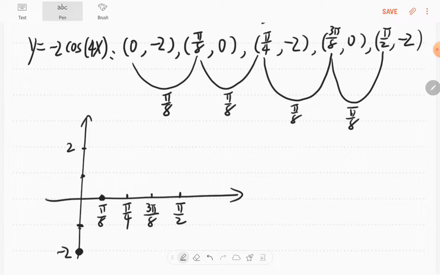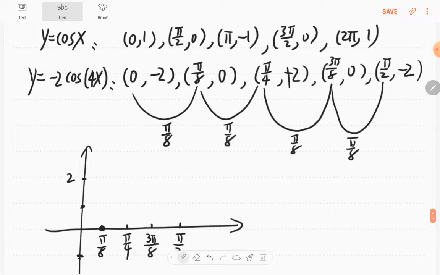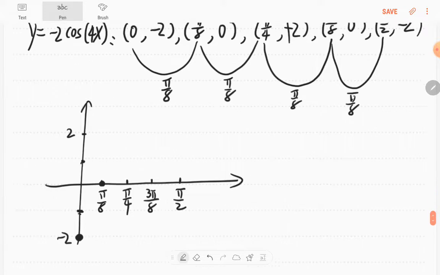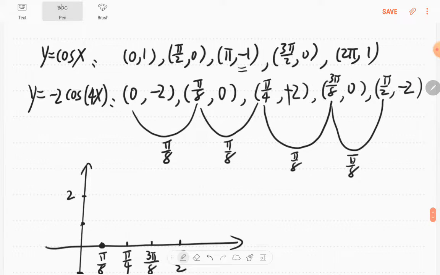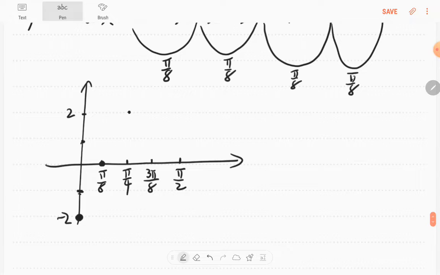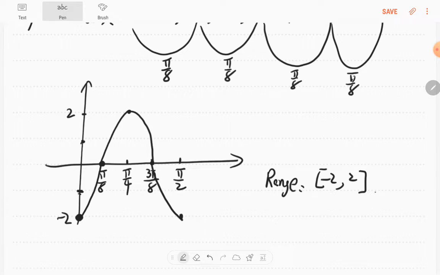Then this point, and sorry, here should be positive 2, right? We multiply by negative 2, negative 1 times, so it's positive 2. So here is 2, here is this one, and here is this one. So the graph is just flipped, right? So the range is from negative 2 to 2.